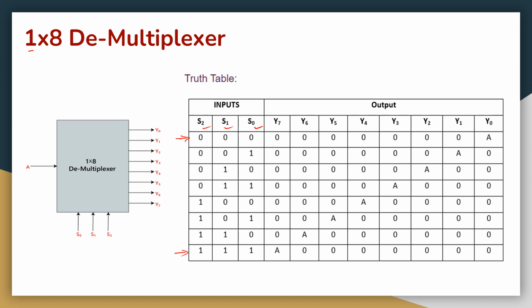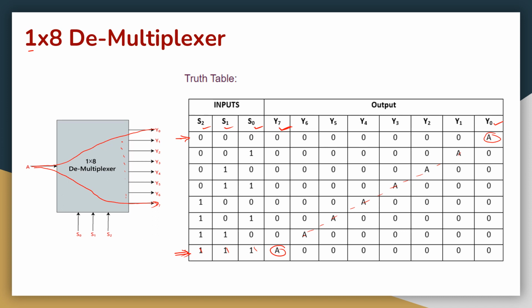Whenever all zeros condition, this A is forwarded to Y0. Like that, the remaining. Whenever all ones condition, then A is forwarded to Y7. So like that we can get all of this.